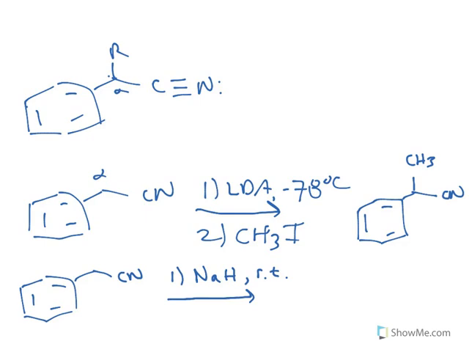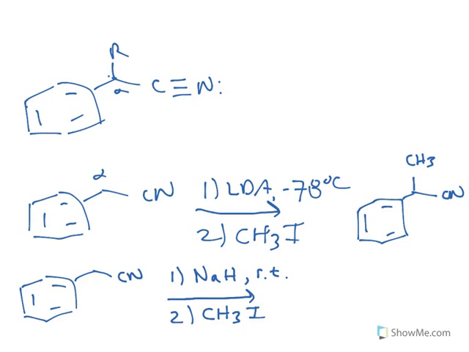In the case of thermodynamic conditions, what's going to happen is we are going to alkylate twice. The reason is because once you make the product, it's a thermodynamically more favorable enolate to make than it was in the beginning. So you're making a more reactive intermediate, if you will, and it's going to continue to react.